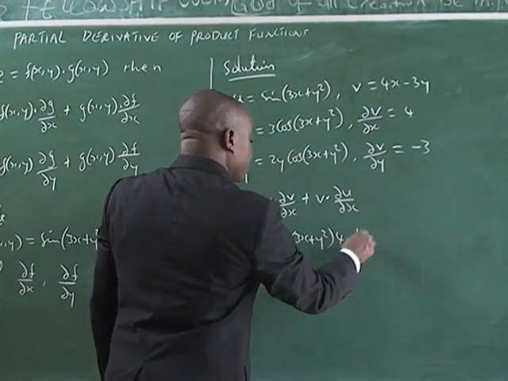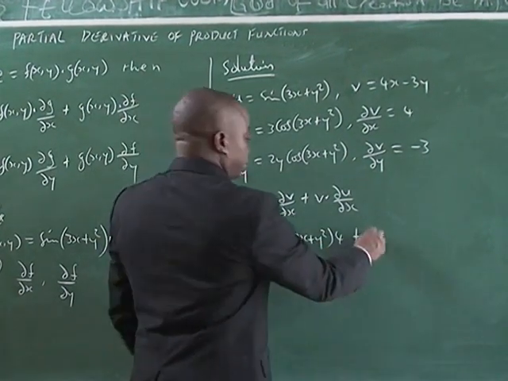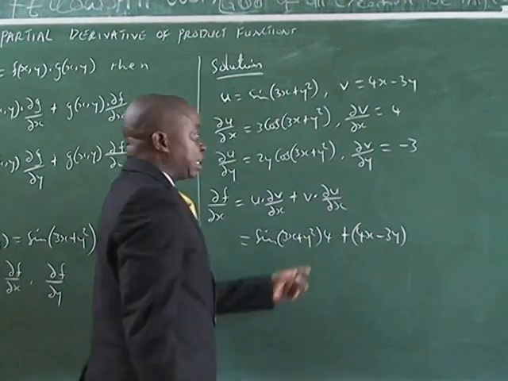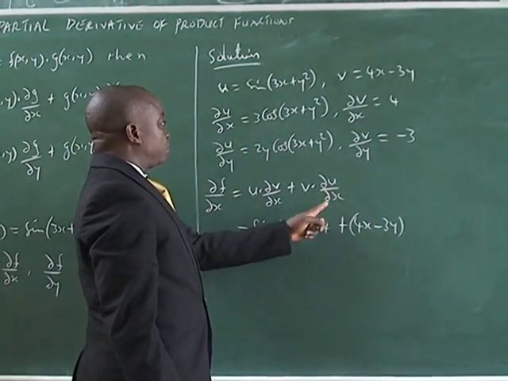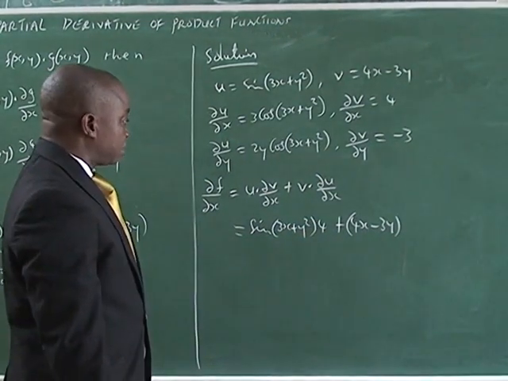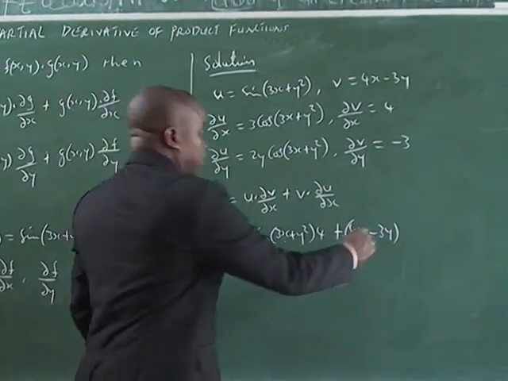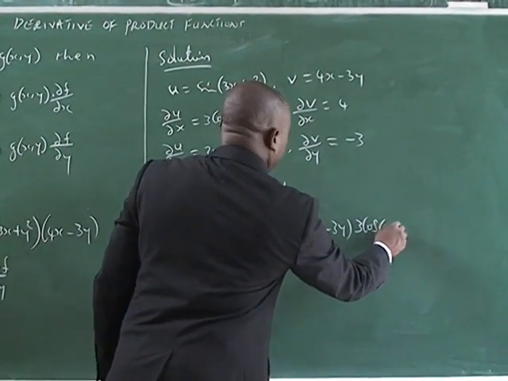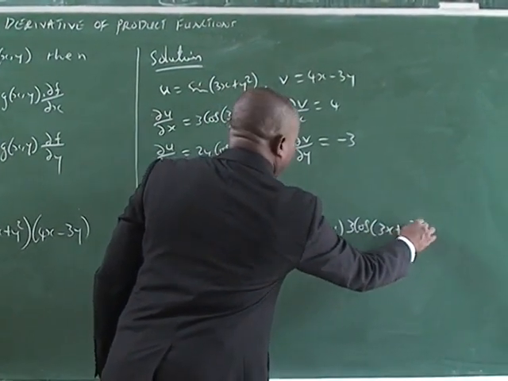So plus v, which is 4x minus 3y, times partial u partial x, which is 3 cos 3x plus y squared.